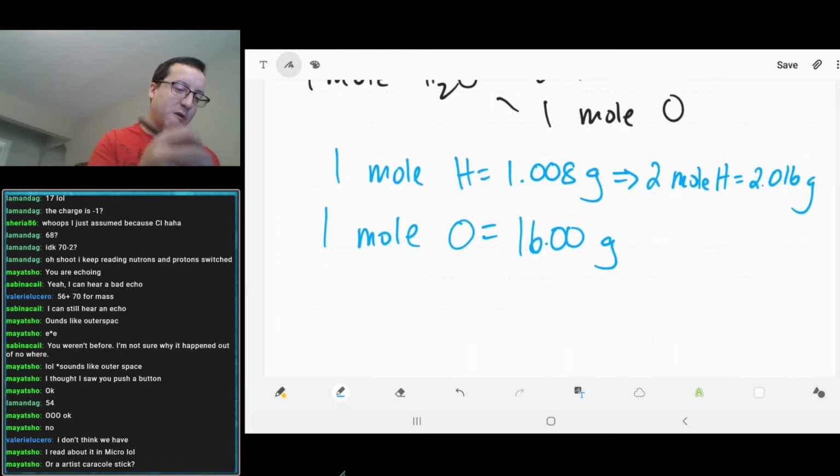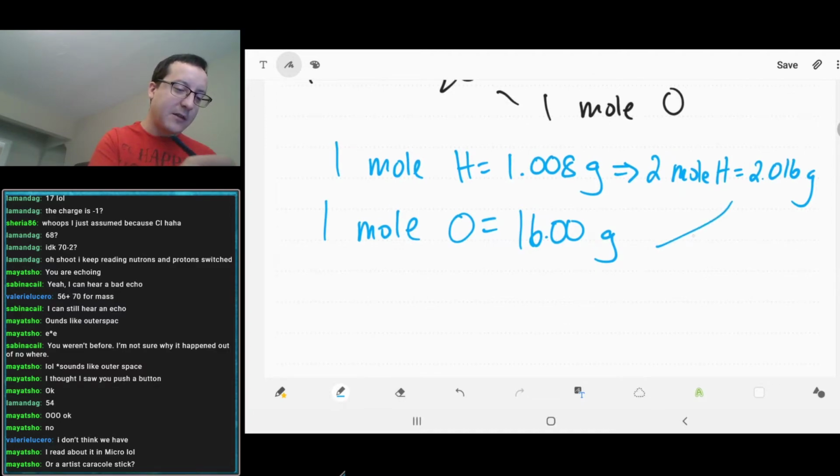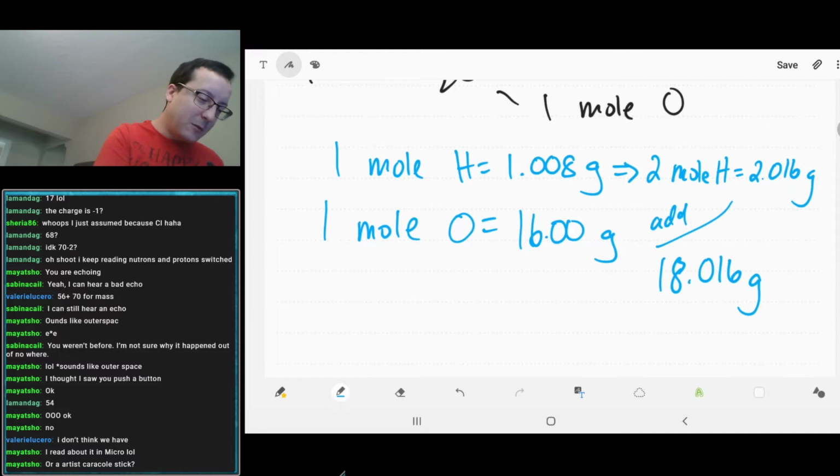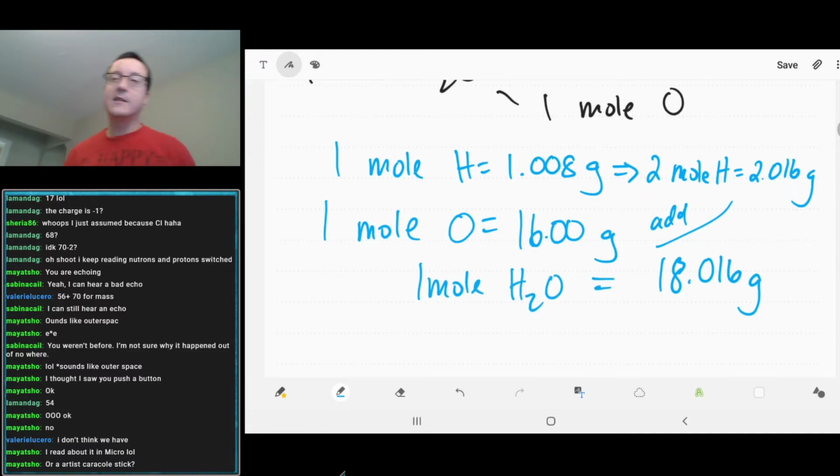And so therefore, if we put these all together, we're going to see that 1 mole of water is going to be equal to the sum of each of the atoms that make it up.